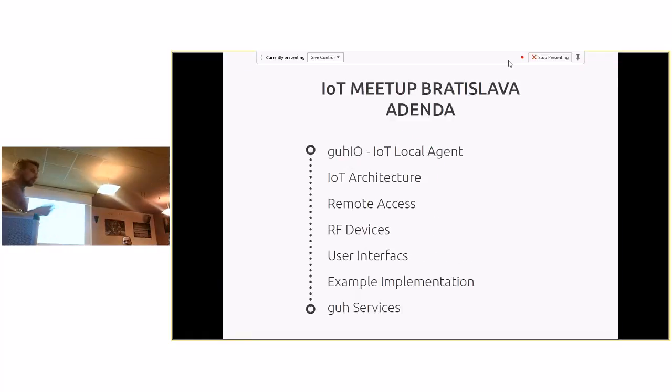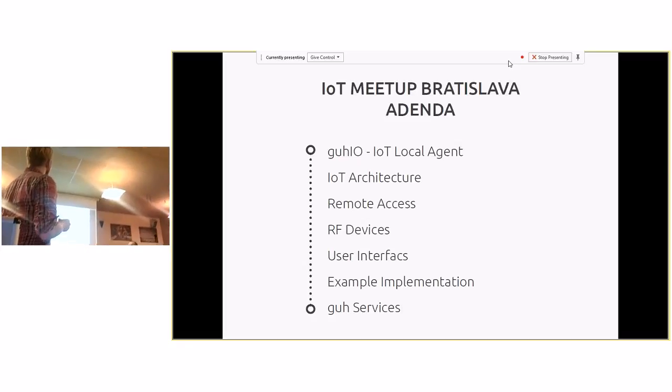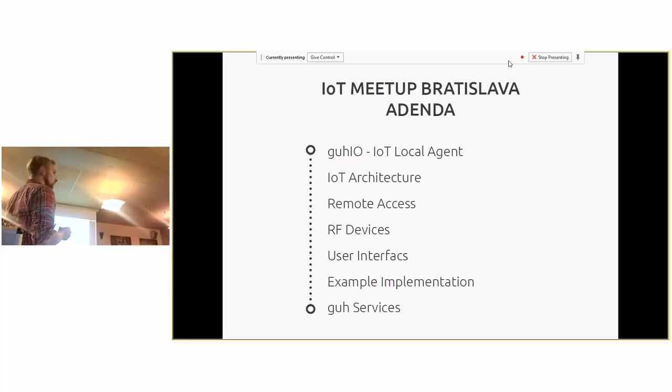Today I will present how to use our software connected to a cloud, how to make your own RF devices with 6LoWPAN low-power nodes, and show you how to use our user interfaces. You can customize the user interfaces, and at the end I will show you some example implementations and what we are doing.